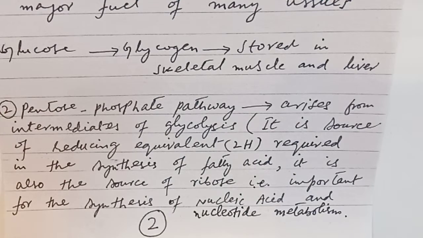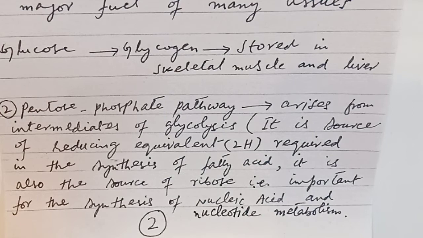So in this pentose phosphate pathway, as I told you, it arises from intermediates of glycolysis, and ribose sugar is synthesized. It is a source of reducing equivalents, hydrogen atoms, required in the synthesis of fatty acids. When the 5 carbon sugar ribose is yielded from the 6 carbon atom glucose, 2 hydrogens come out, and these 2 hydrogen reducing equivalents are required in the synthesis of fatty acids.